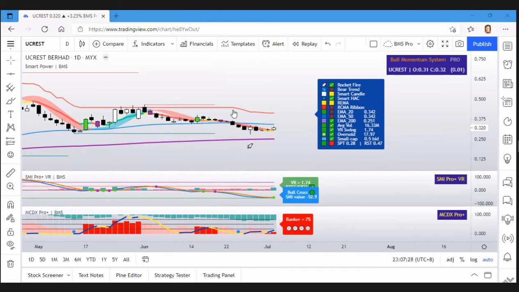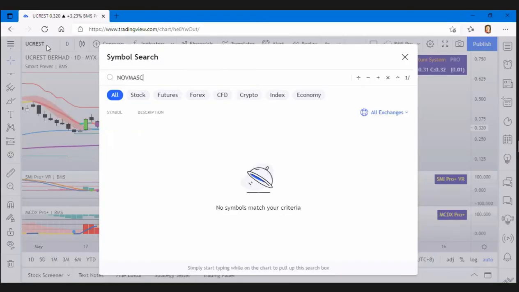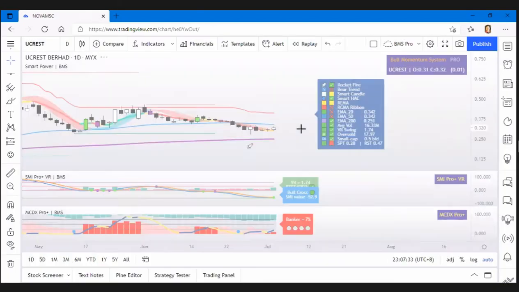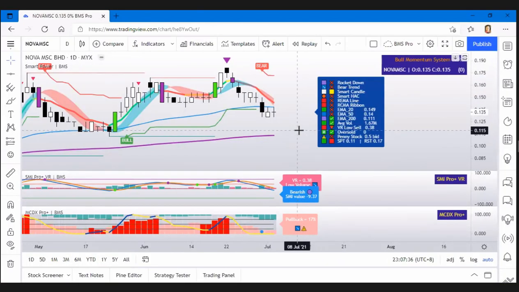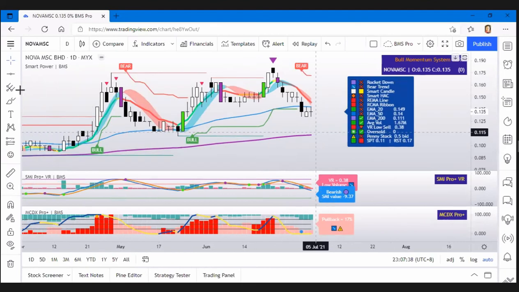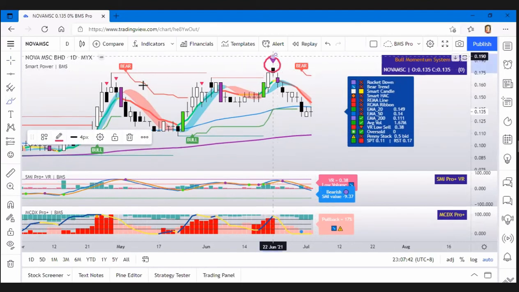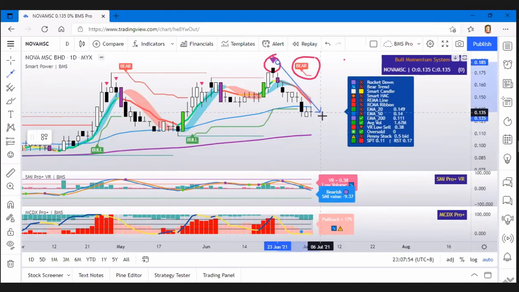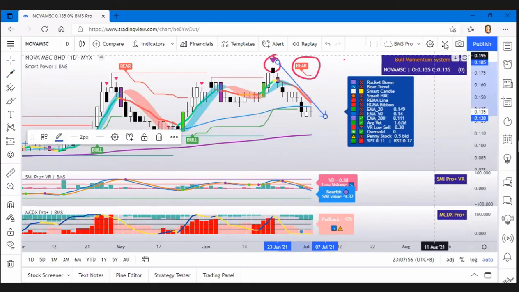Lim BL, Nova MSC. Nova MSC, this one is quite weak already. What you can see in Nova MSC is there's a purple triangle here and a bear label, bear signal. Two bearish signals appear on top here. Once this bear signal appears, straight away the price pulls back.